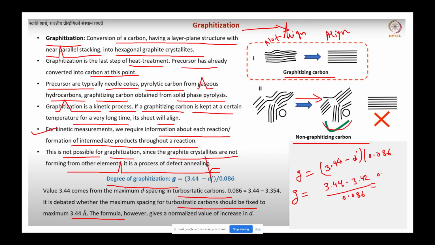When you do the calculation, you will find something like 0.23256. So this will be your degree of graphitization, the value of G. In this way you can solve numerical questions if you have any in your assignments. This is a very simple formula.